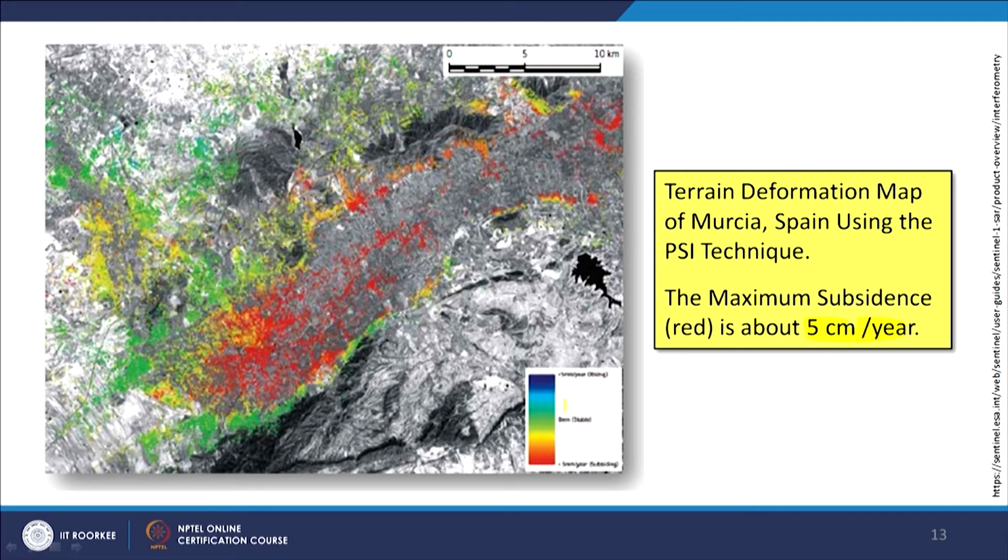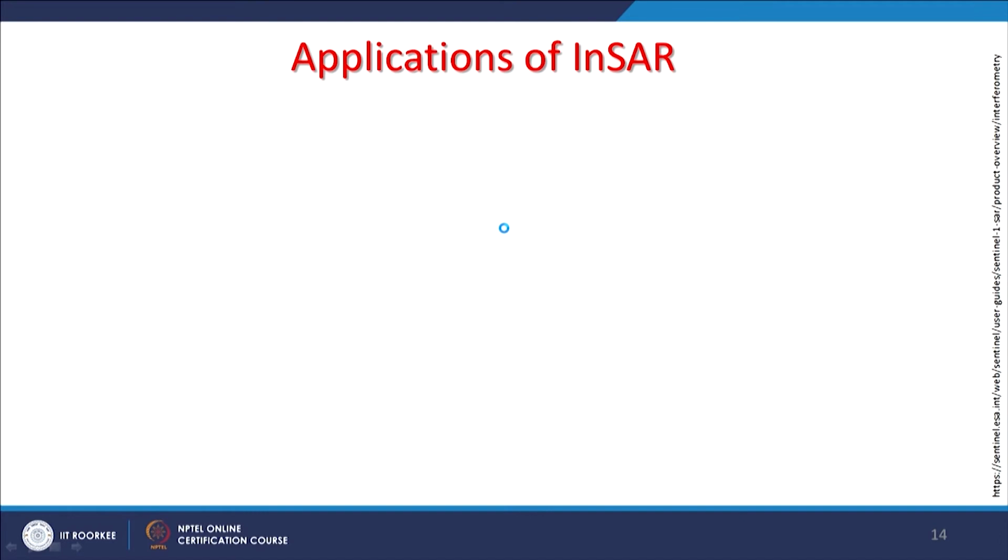The green ones in the middle are showing little changes, and the maximum changes are shown by these red pixels or red dots. So, over a time period we can estimate the rate of deformation, that may be subsidence or upliftment, it does not matter, but the rate of deformation can be estimated using persistent scatterers.